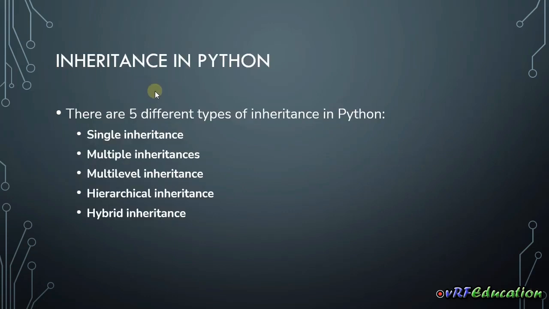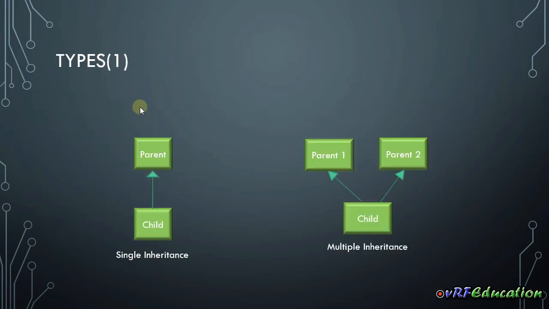We have 5 different types of inheritance in Python: single, multiple, multi-level, hierarchical, and hybrid. Hybrid is a combination of these 4 types, in fact, and let's see their definitions in some shapes. Single inheritance, we have only one parent, and a child will inherit from that specific parent.